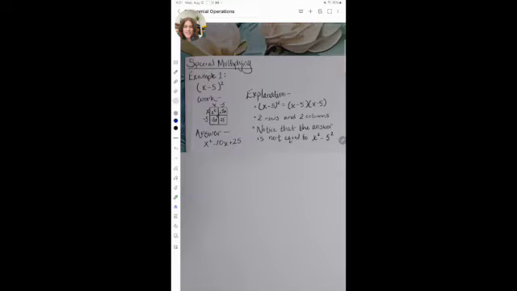X times x makes x squared. X times -5 makes -5x. And again, and then -5 times -5 makes 25. Add them all together, we get x squared, and then like terms, -5 plus -5 makes -10, so -10x, and then 25.